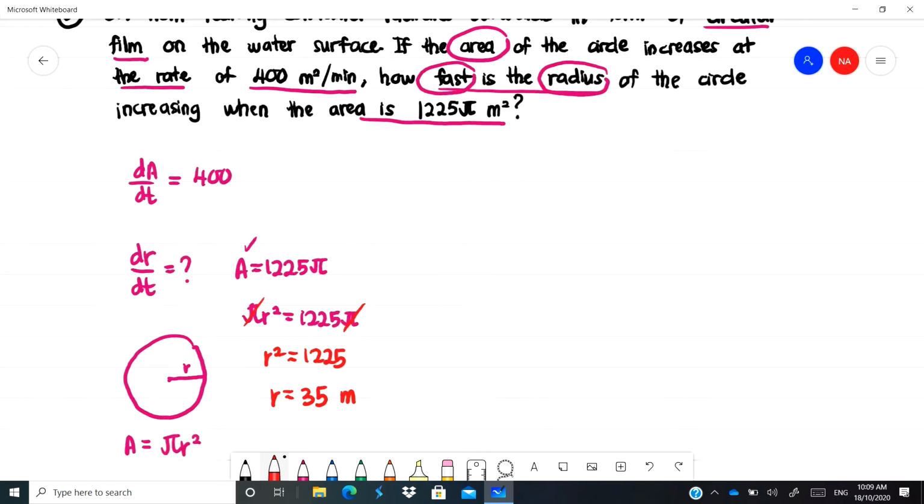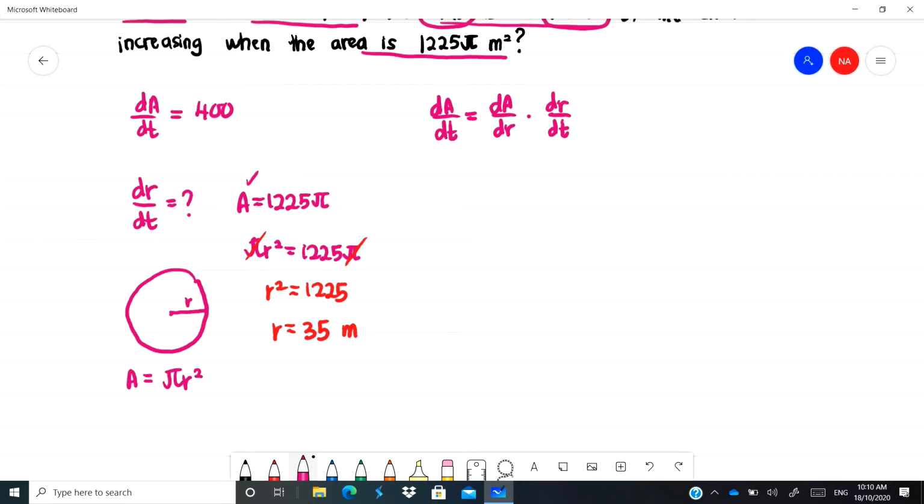Now we want to find dr over dt, so maybe we can start with the formula of dA over dt. dA over dt is given by dA over dr multiplied by dr over dt. We already have dA over dt because it is given in the question as 400, so we'll have 400 here.